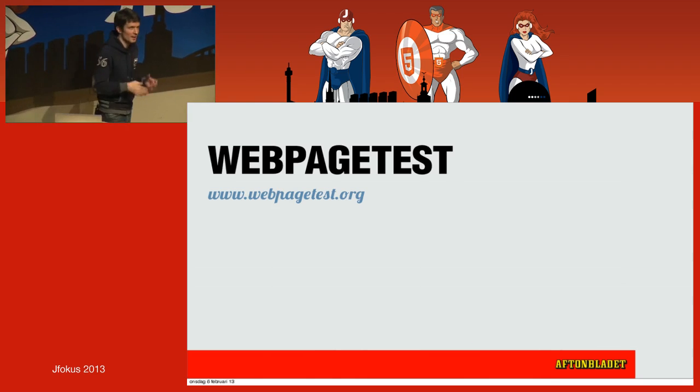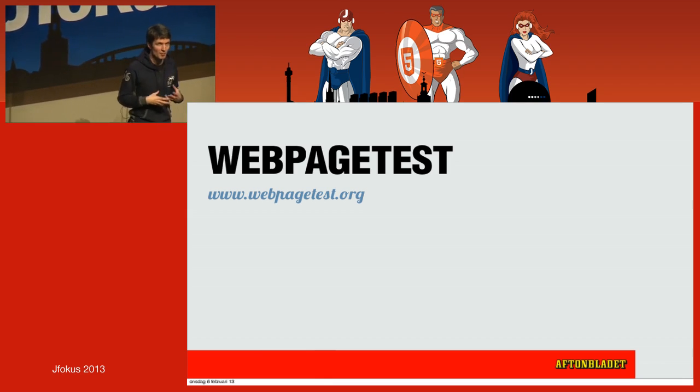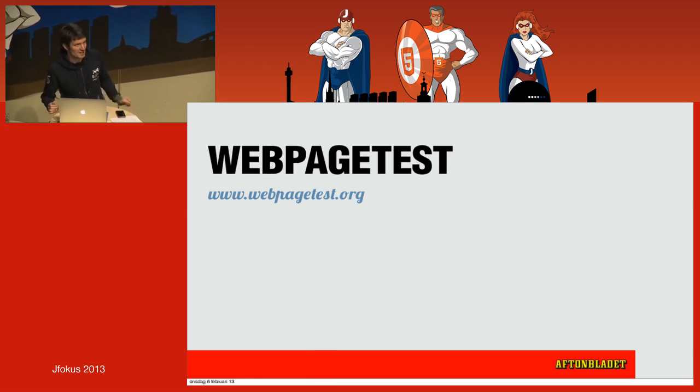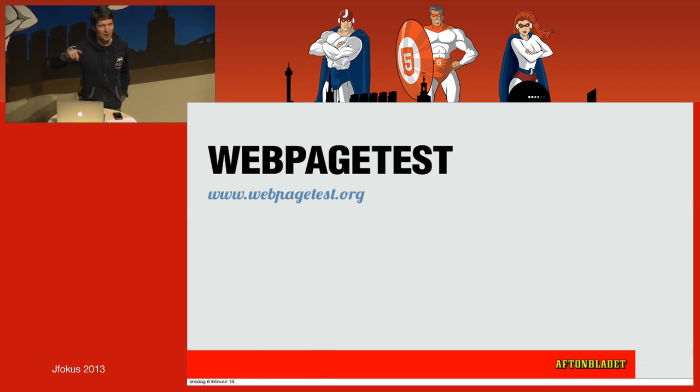We're going to look at another tool that's not integrated into the browser, but an external website called WebPagetest. I will also give you a link in the end to a page where you can get all these tools.